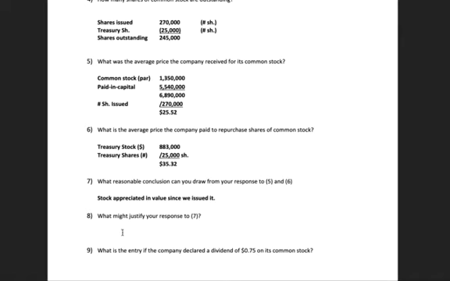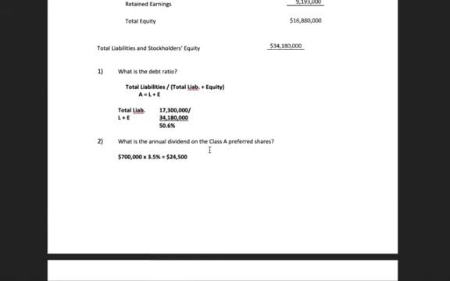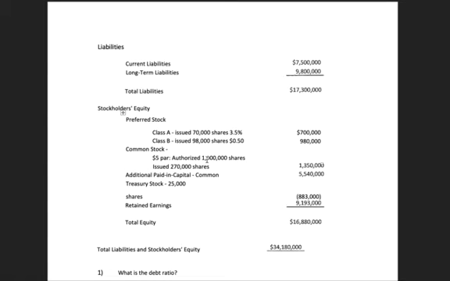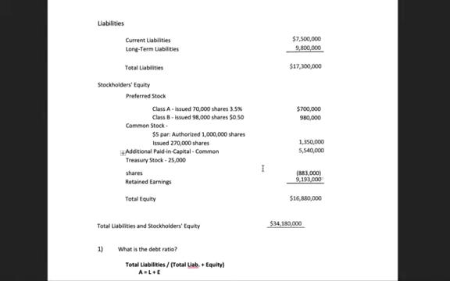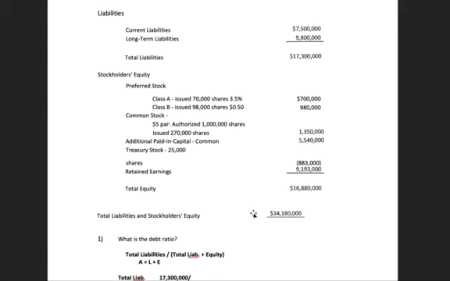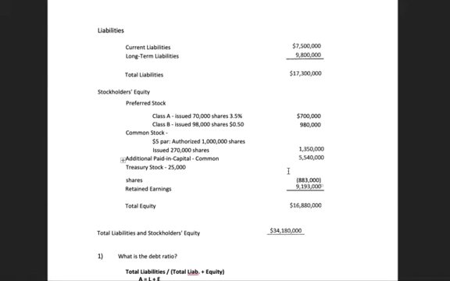Now, what might justify your response to 7? Why would the stock price rise? Well, if we go back to our initial financial statements, what evidence do we have that the company is healthy? We had the debt ratio, which wasn't super great, but what is this massive retained earnings figure of $9,193,000? That's a pretty significant number.